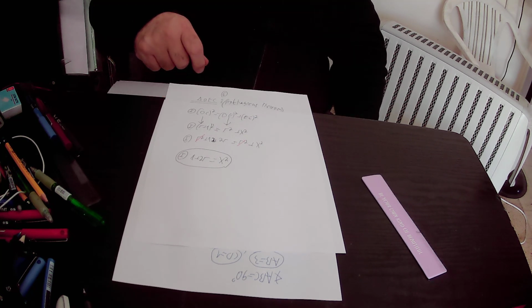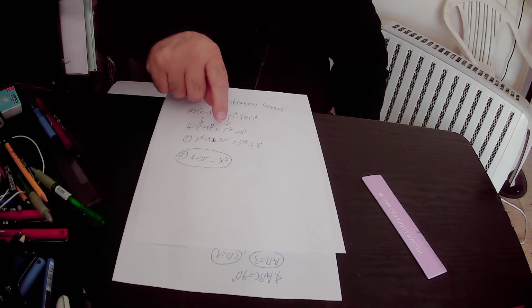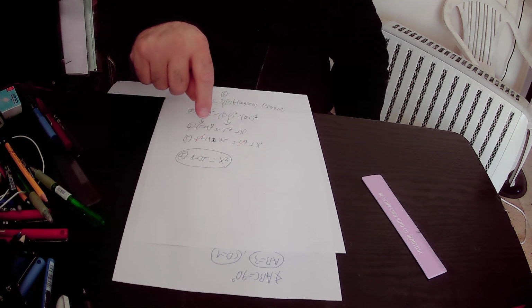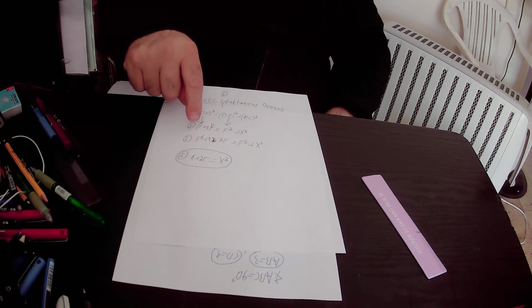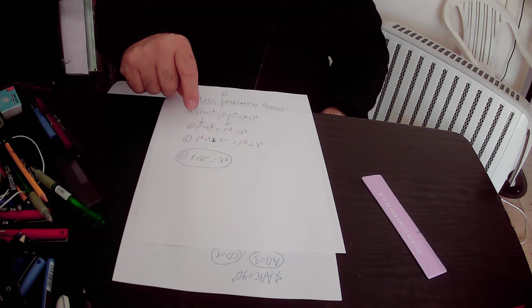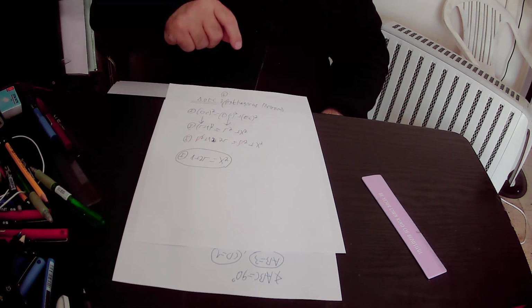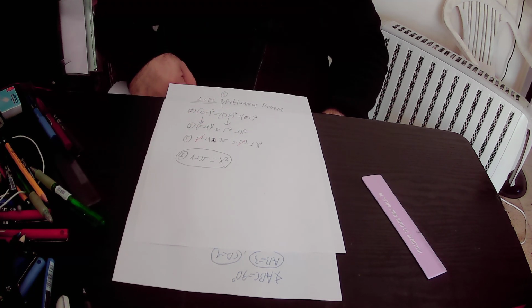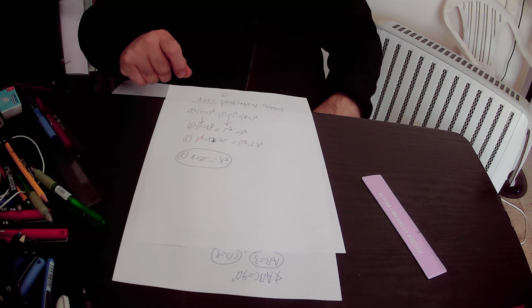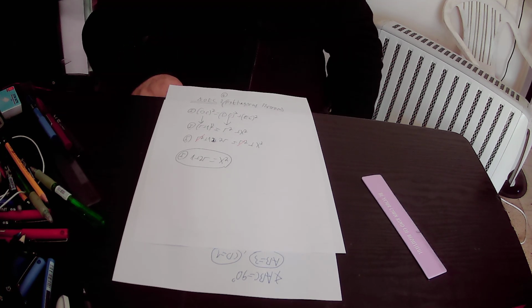Then we subtracted R square from the equation, and we got that 1 plus 2R equals X squared. Okay? So we have this equation number 1: 1 plus 2R equals X squared.